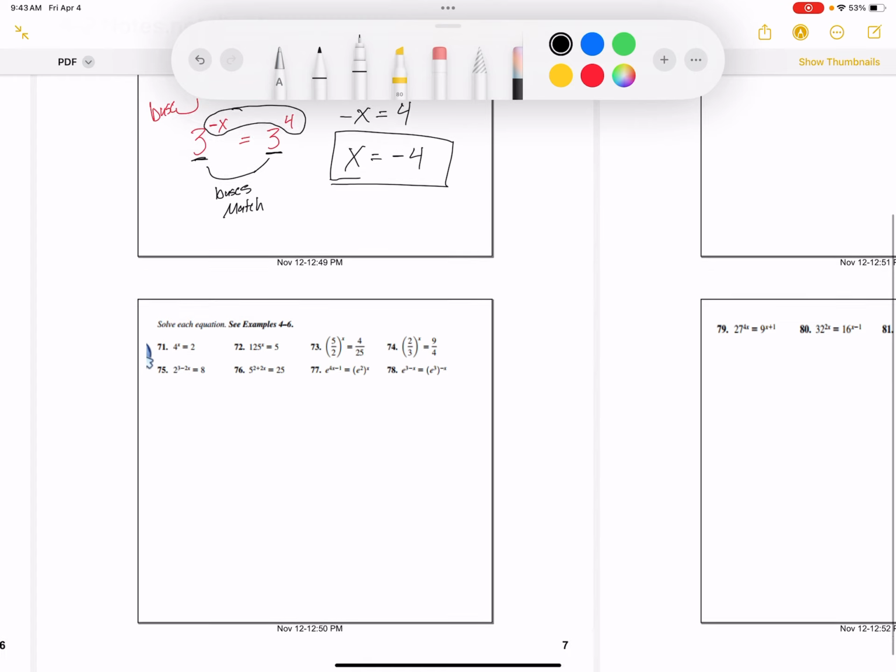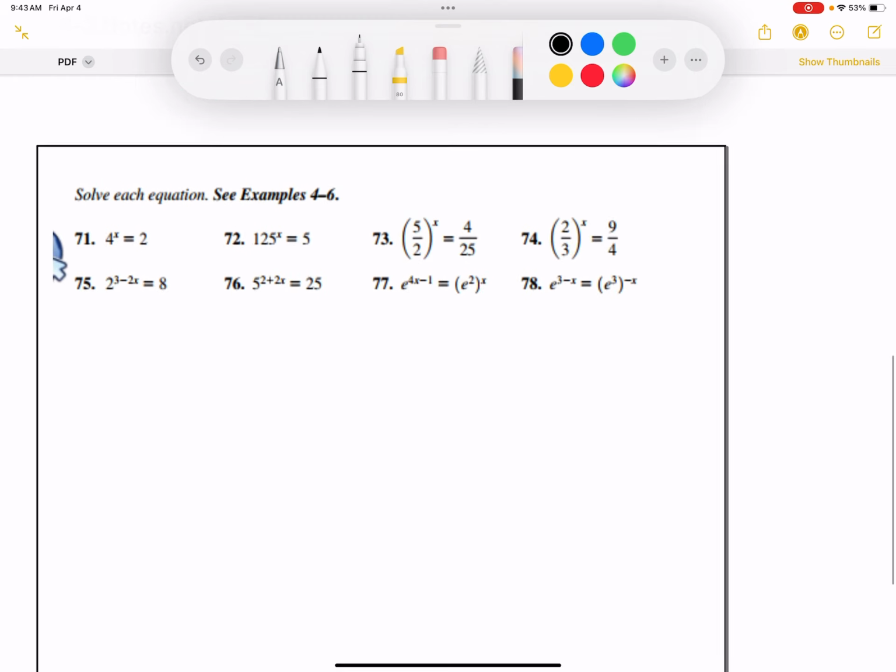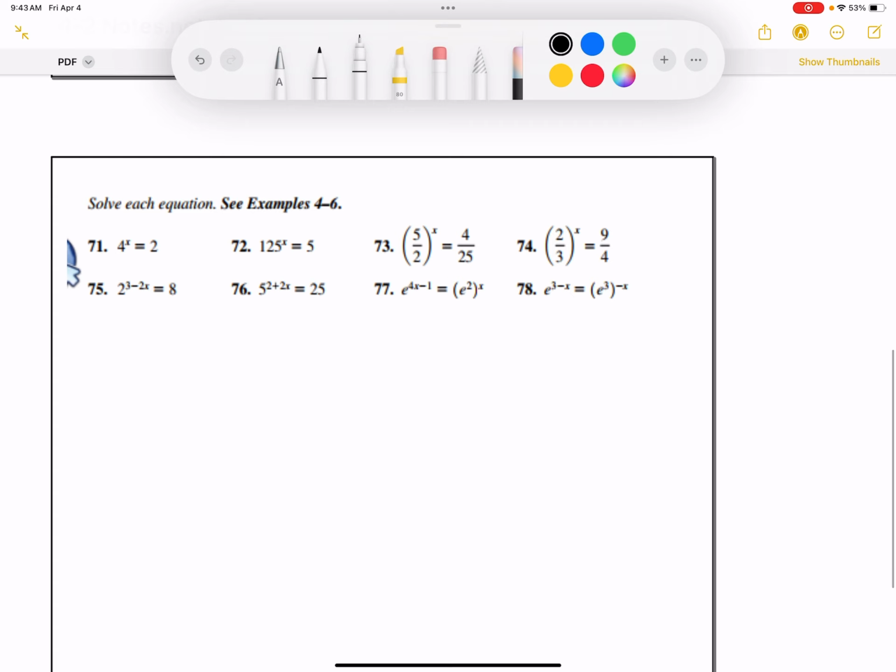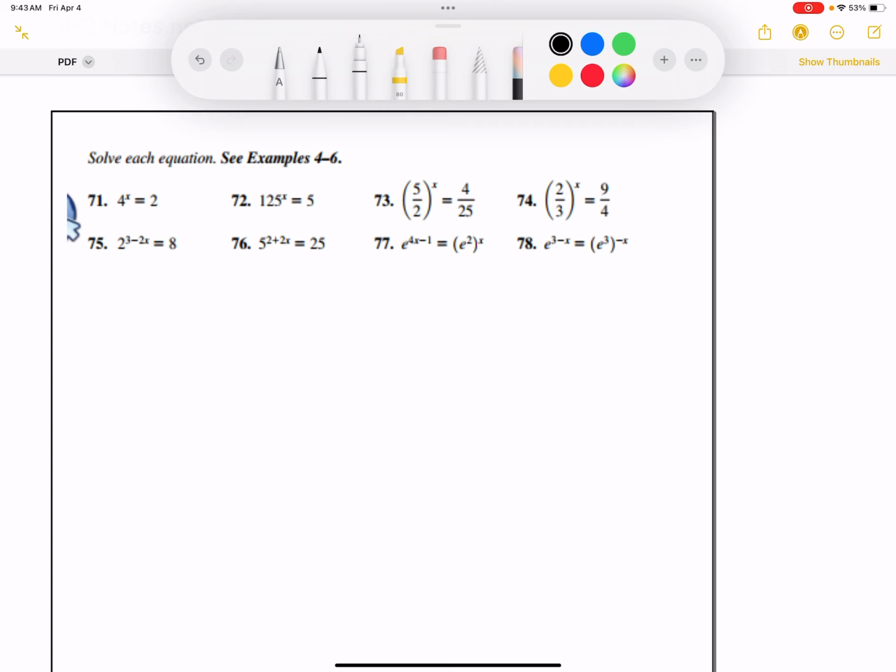So I would normally say, well, I guess I'll do another one, right? We'll go with 76. So 5 to the 2 plus 2x power equals 25. I see that this is a base of 5. Now, this is 25. Can I express it as 5 to some power? Sure.